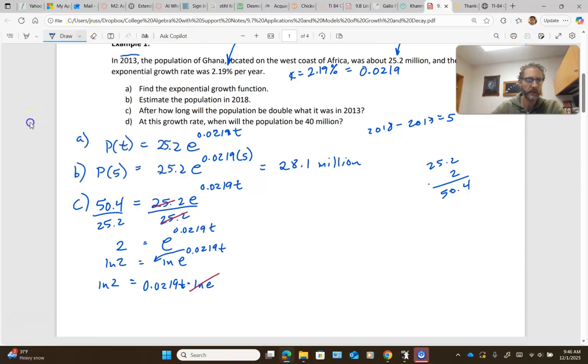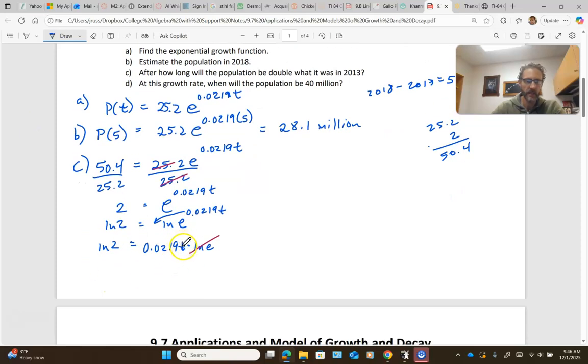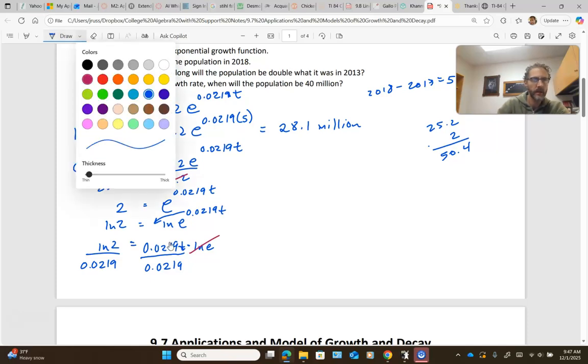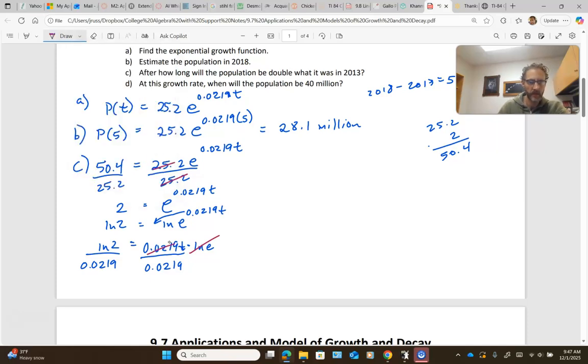All right. But now we need to get the t by itself, okay? So the t is being multiplied by this decimal, so I will divide both sides by that decimal. And on the right-hand side, those coefficients divide out.